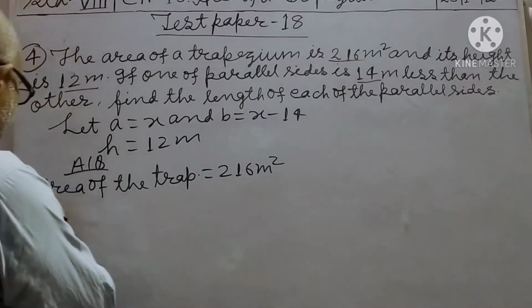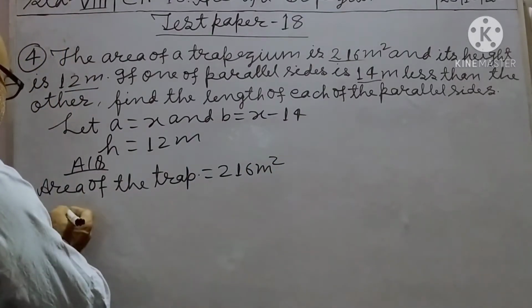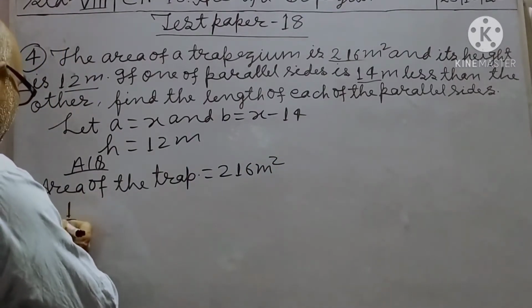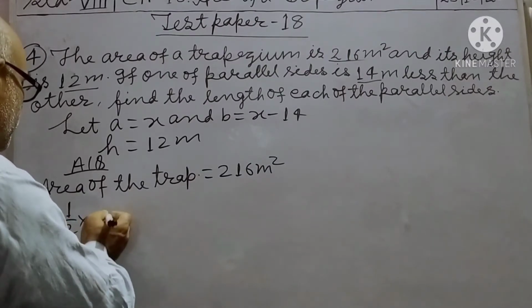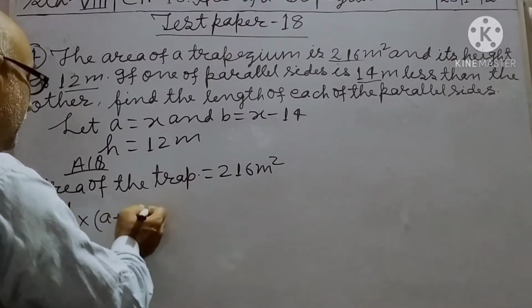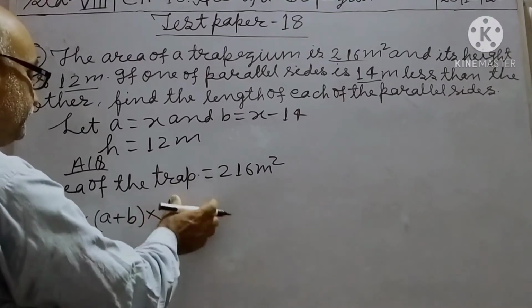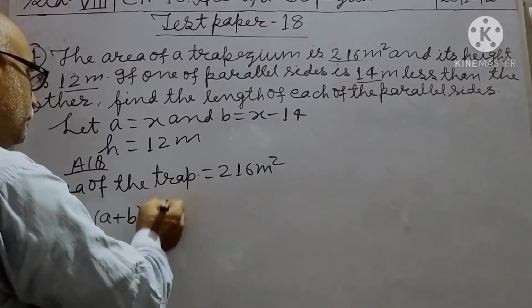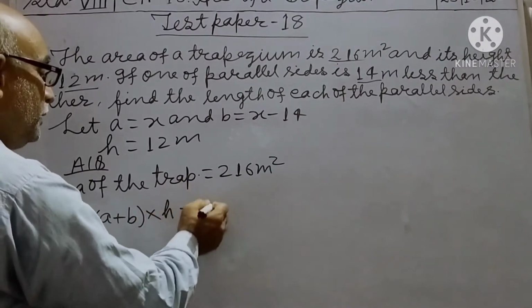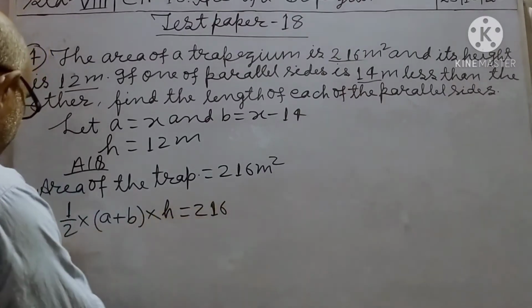216 meter square. That implies area of the trapezium equal to 1 by 2 into A plus B into H equal to 216.